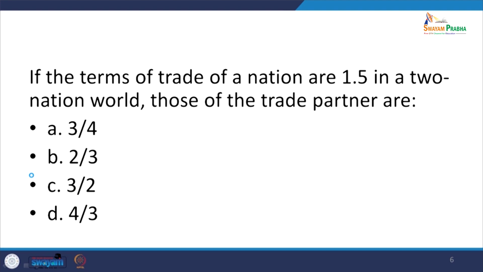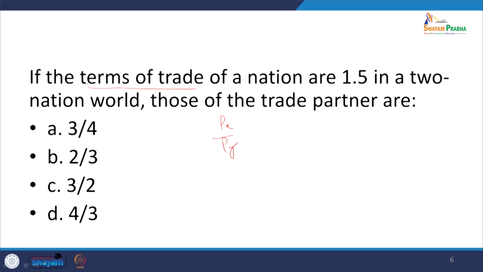Now, let us move to some understanding of terms of trade. We discussed terms of trade while explaining Px by Py, where X and Y stand for exports and imports.